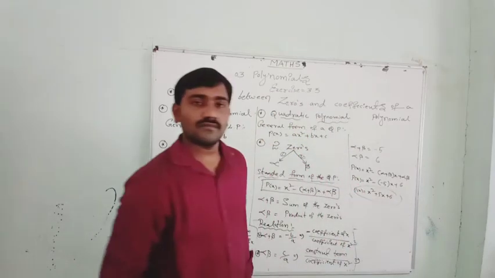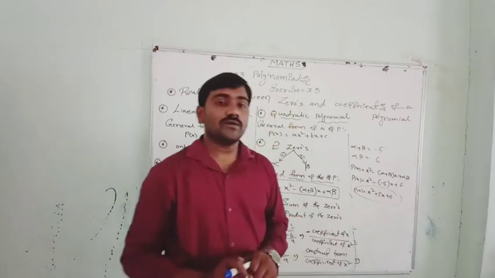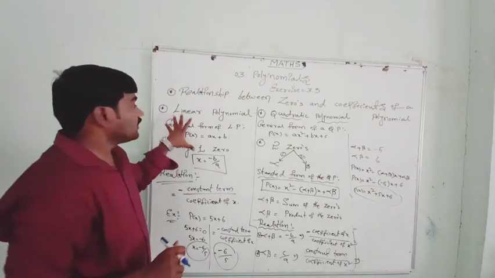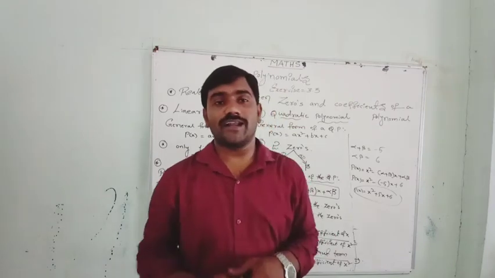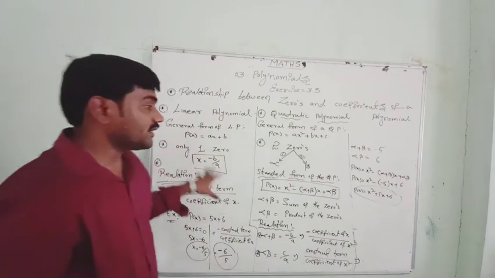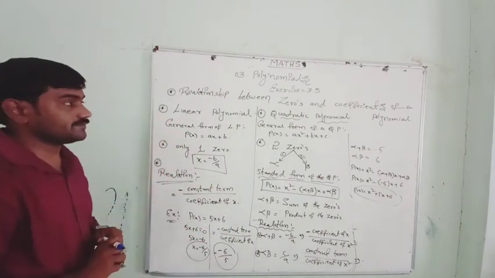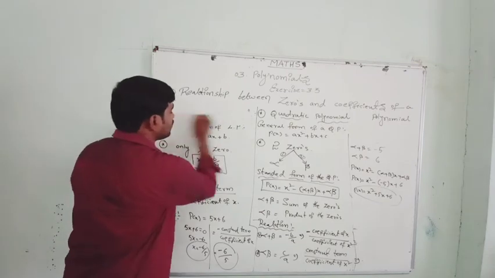Directly we get it. When the sum and product of the zeros are given, we can find it directly. So this is about the linear polynomial and the quadratic polynomial. We will also have a cubic polynomial. We have to discuss the cubic polynomial. If you want to take a screenshot of this, you can take it here. Yes, now we go for the cubic polynomial.